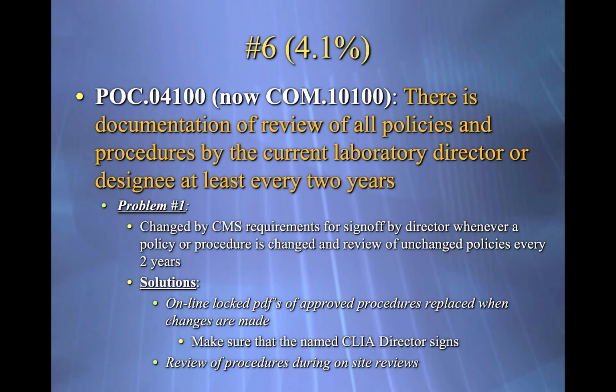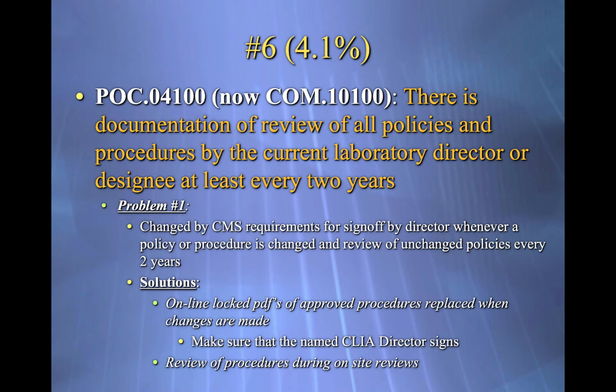So for point-of-care sites, this becomes very tricky because you've got all these distributed sites all over the place. You want to make sure that they're on the current version. So one method is to have online locked PDFs of the approved procedures and replace them when any changes are made. So you only replace them in one place, making sure that the appropriate CLIA director signs.